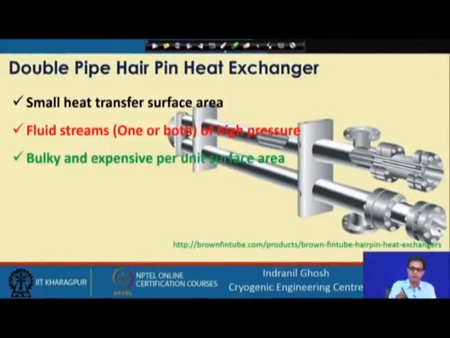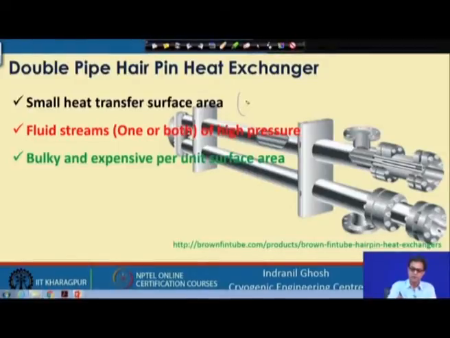Typically it has about 50 square meters of surface area, and when we need this kind of surface area and a high pressure fluid stream, we go for such heat exchangers. As I have said, it is bulky and a bit expensive, otherwise it is very simple.